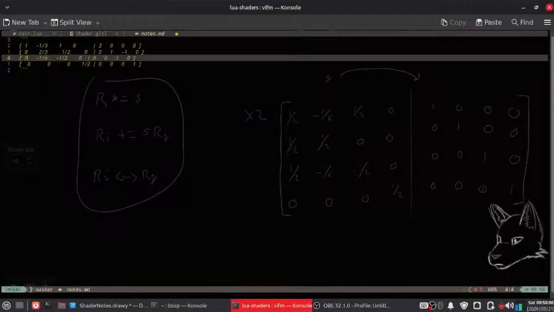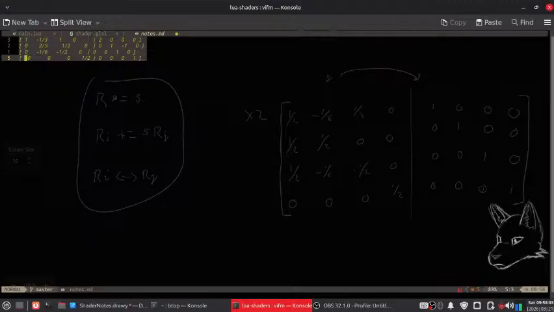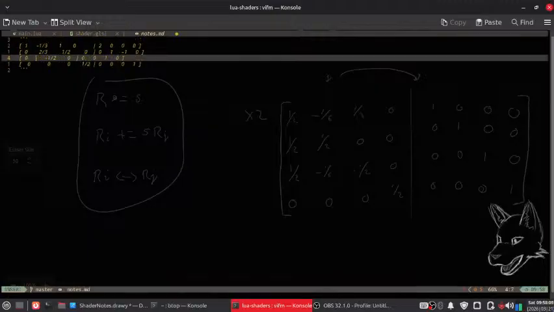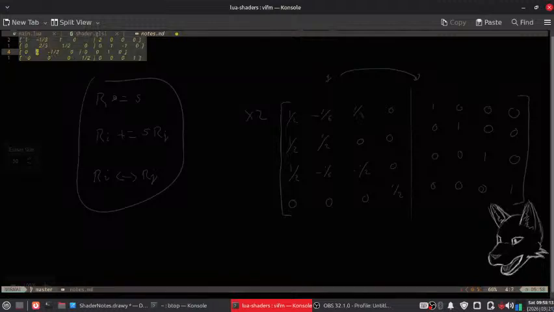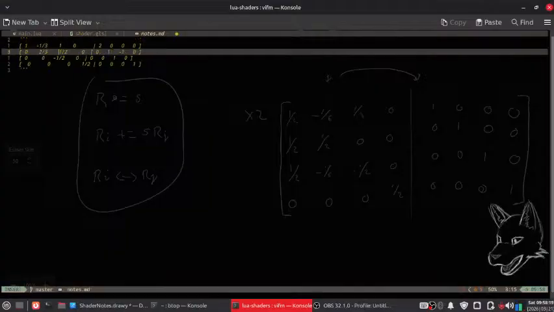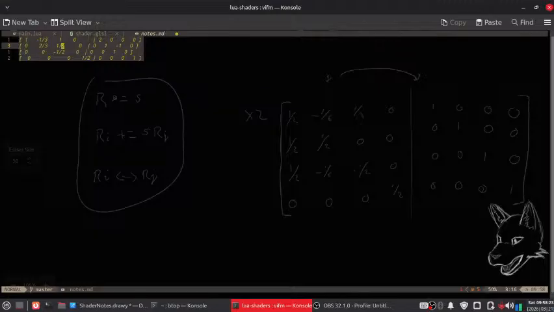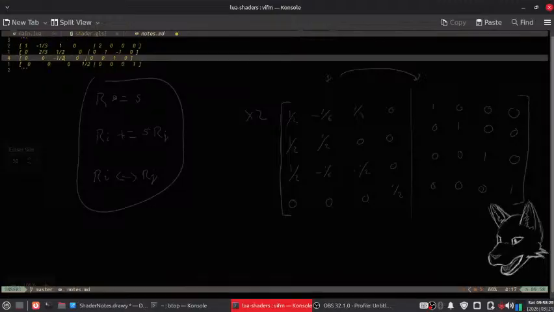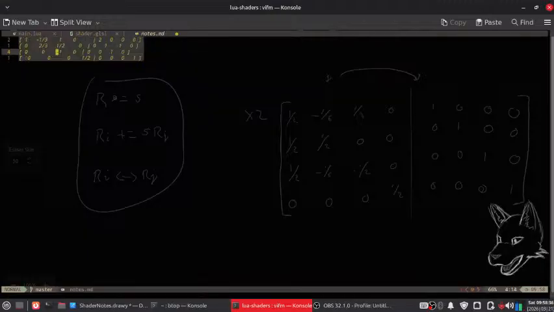This is a 0. This is a 0. This is subtracting half of that from half of that is that. Right. Half of 1 from 3.